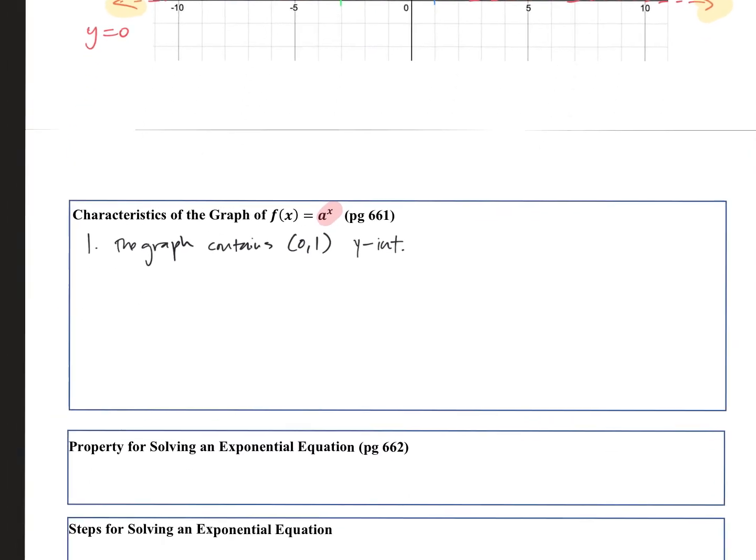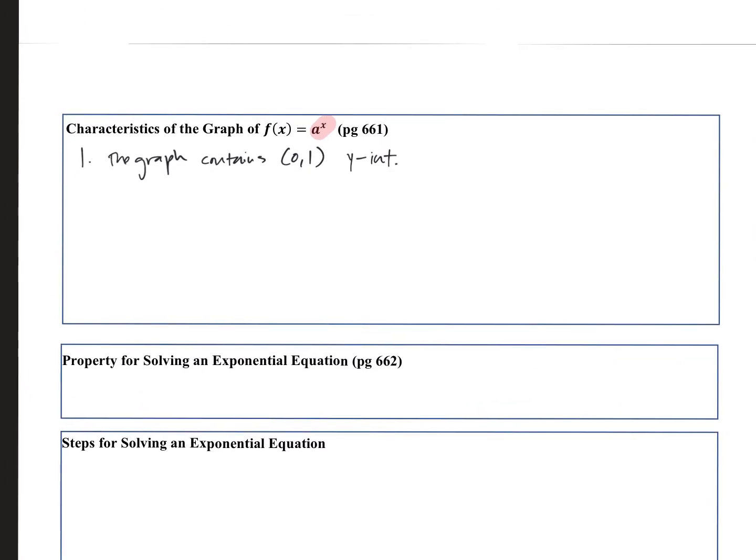Now the other characteristic is that it is 1 to 1. So for each x input value, you have 1 y value. And when a is greater than 1, the graph rises from left to right, like this.